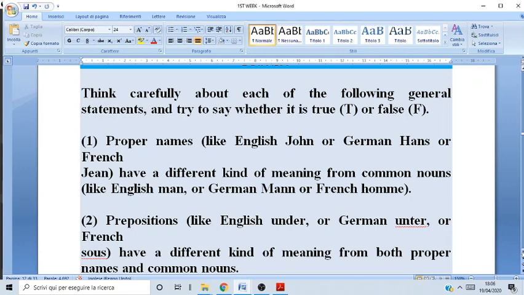Think carefully now about these true and falses. Proper names, like the English John, the German Hans, or the French Jean, have a different kind of meaning from common nouns, like Englishman, German, or the French homme.